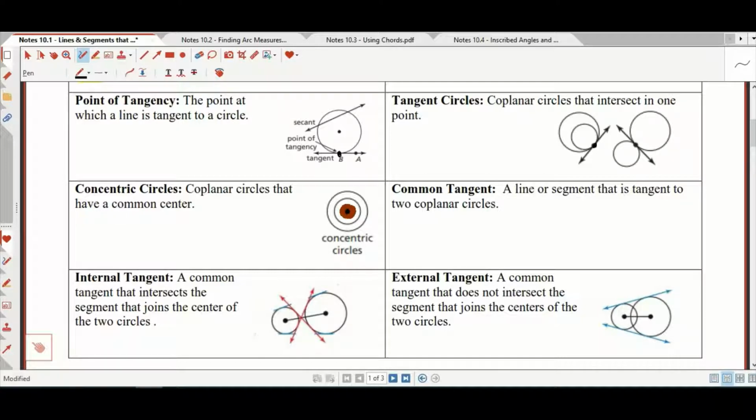And there's an external tangent, a common tangent that does not intersect the segment that joins the 2 circles. That is, if you take a line segment and connect the 2 centers, I should say. Let's make that a different color so you can actually see it, shall we? Internal tangents intersect that, and external tangents do not.